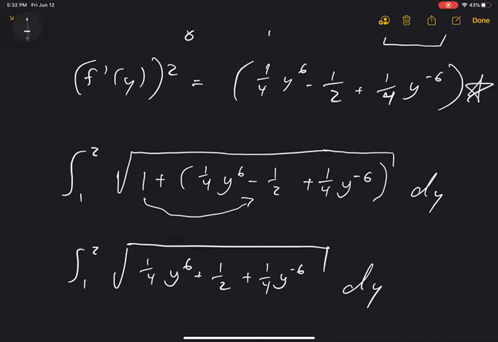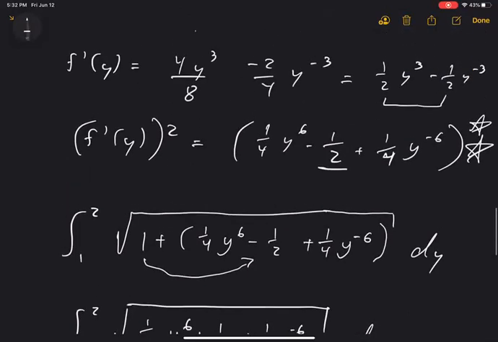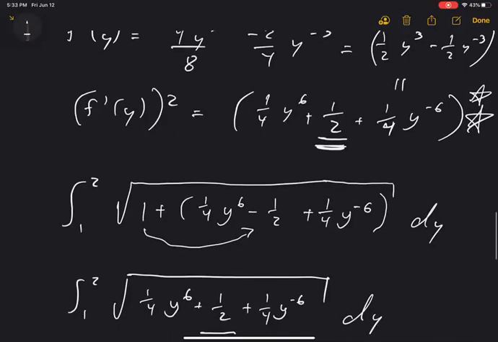The only difference is here I have a plus, here I have a minus. Remember this thing here was this squared. So if I change this to a minus, does that have a similar root as this, right? So this squared equals this. If I have a plus here instead of a minus, what do I have?